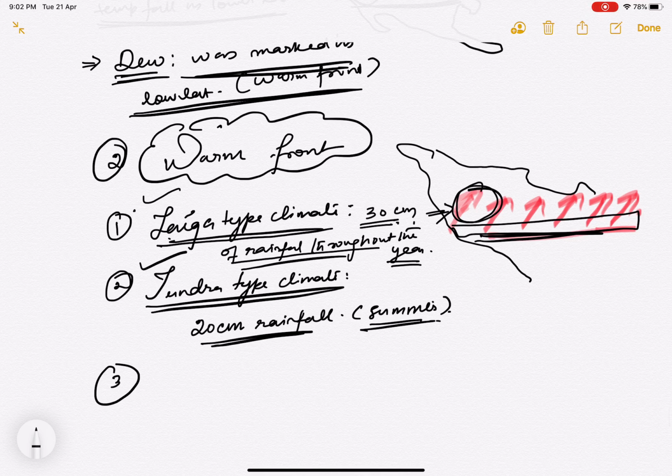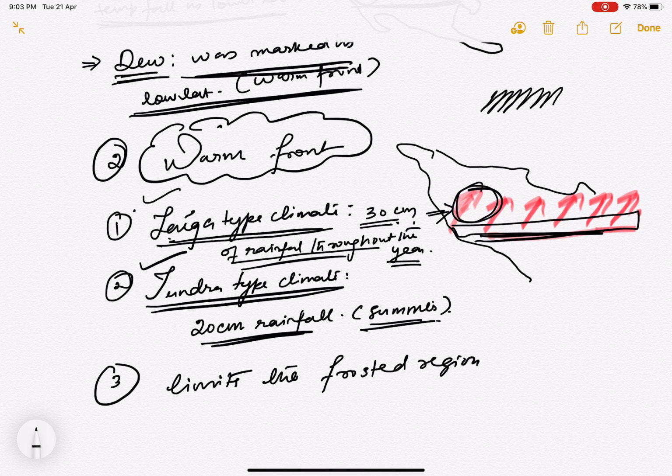But also remember that the warm front results in what? It limits the frosted region. What is this frosted region? See, we have the Arctic Circle somewhere over here, and the polar winds of the Arctic are very strong.